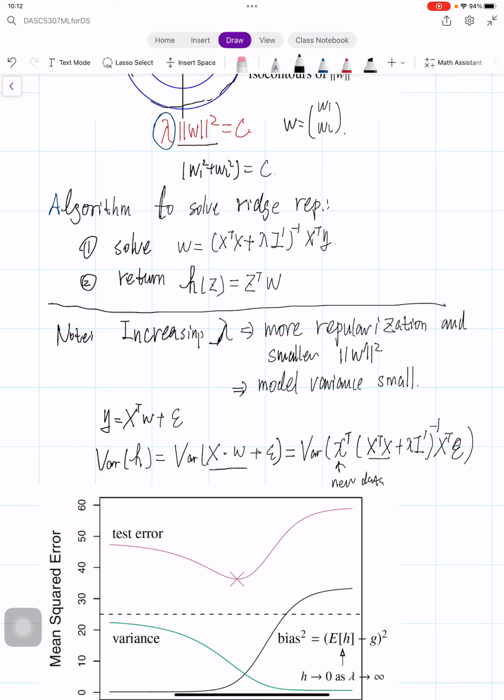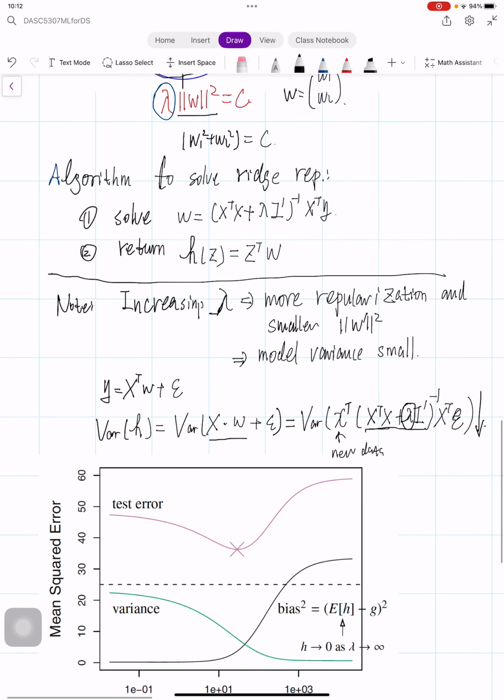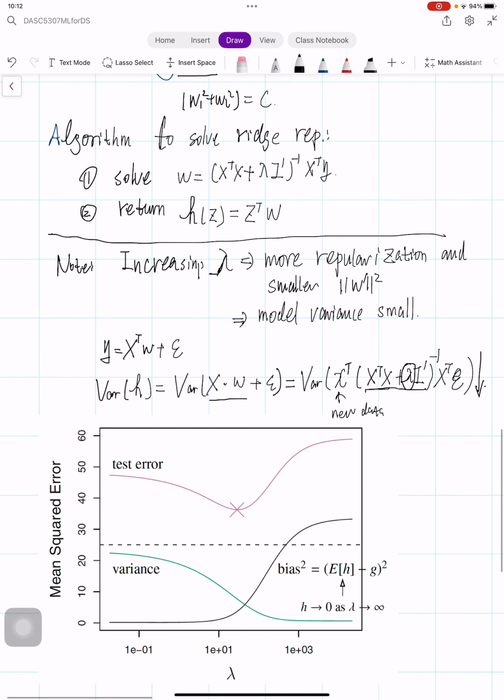This is the inverse because this is the solution part, right? So you can think of this as the variance scaled by the inverse of the scalar lambda. The larger lambda is, the smaller the variance, because lambda is in the denominator of this variance term.